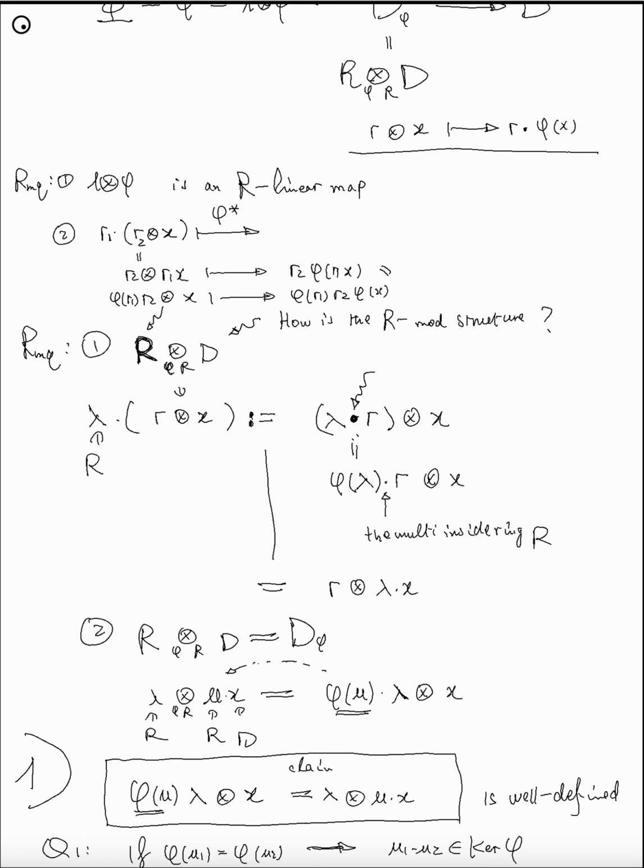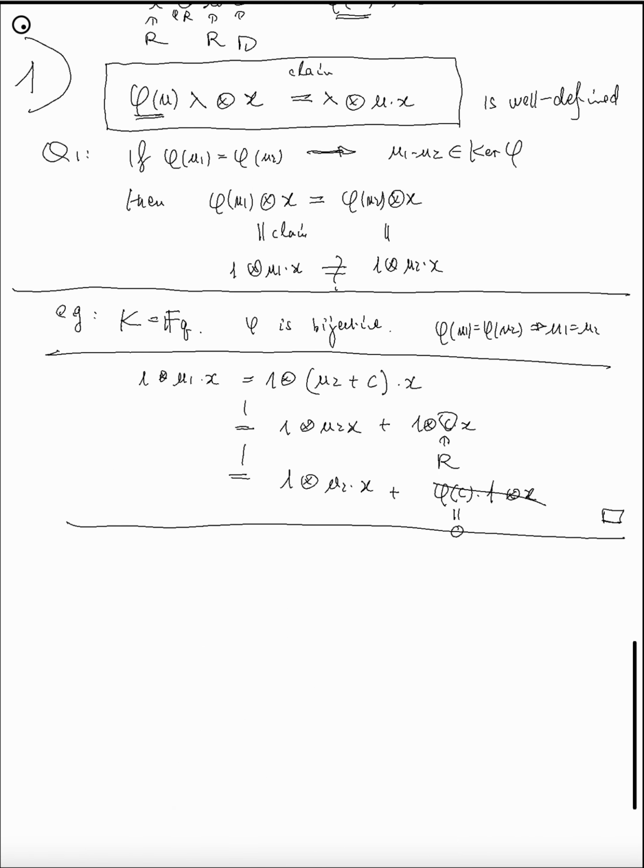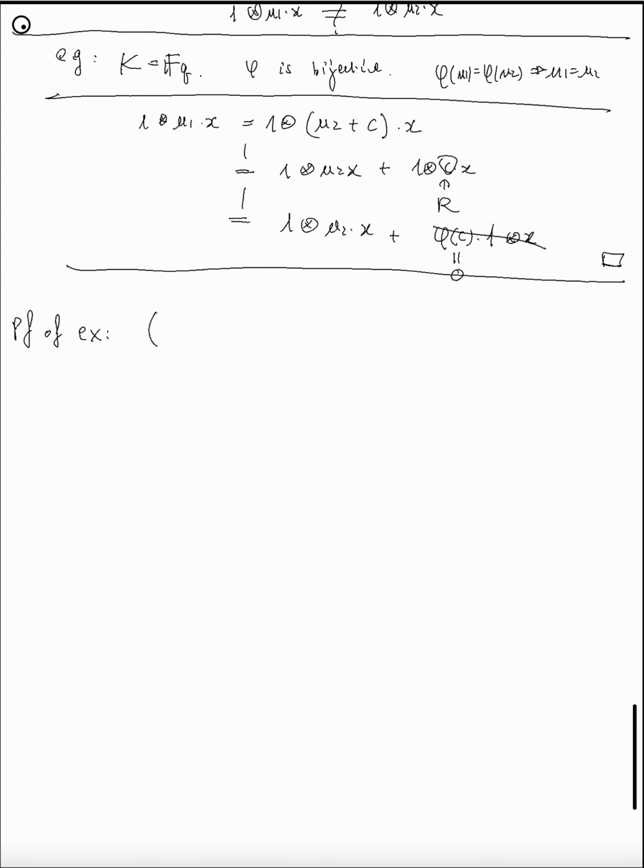Okay, so that's it. So now we're only left to prove the exercise. Basically, we just want to show how to recover Frobenius from its linearization, big Phi or one tensor phi.